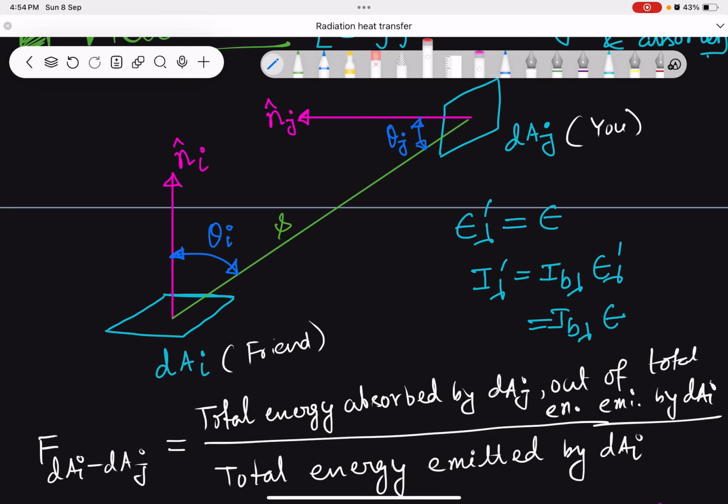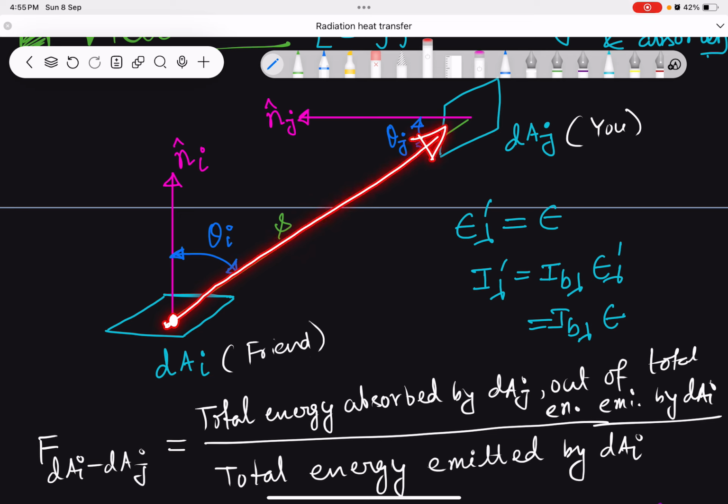Okay, now again I have to see how much, now this is you, or sorry, this is your friend. Now your friend is supposed to orient his or her copy so that you can see the copy easily, but your friend also is seeing you in a particular manner.